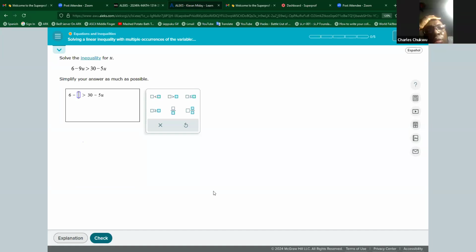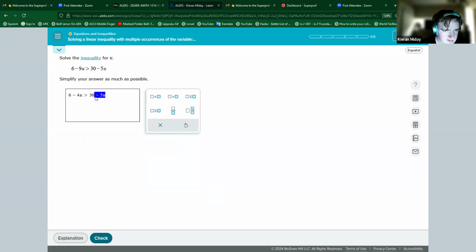So what we're actually doing, so you know what's happening, is adding 5u to both sides. You got that? So it becomes minus 4, and don't forget the u. It's still there.